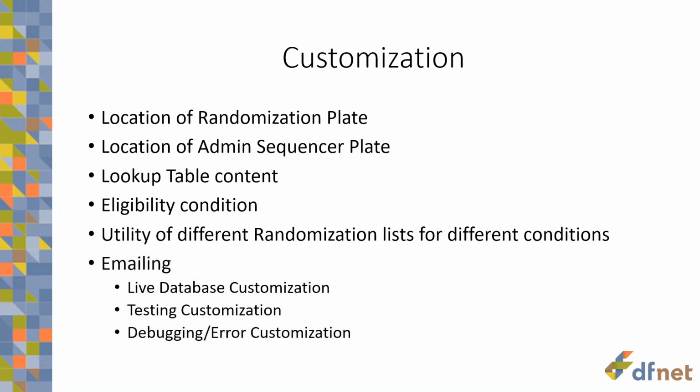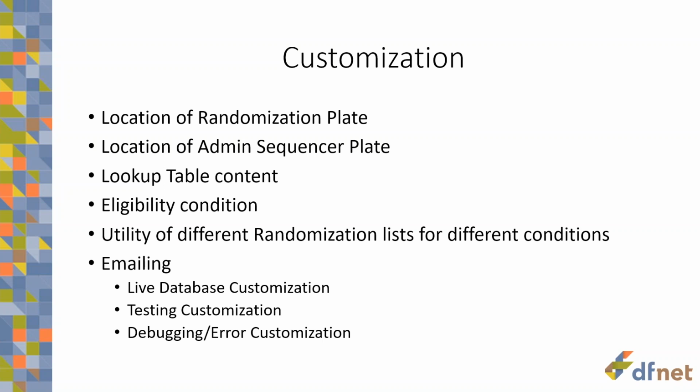And then the last component is emailing. You can customize who gets live database emails. So when the database is live and someone gets randomized, you can have an automatically generated email sent to someone so they are aware and they don't have to be staring at the database the entire time.